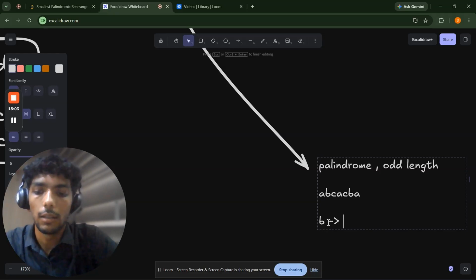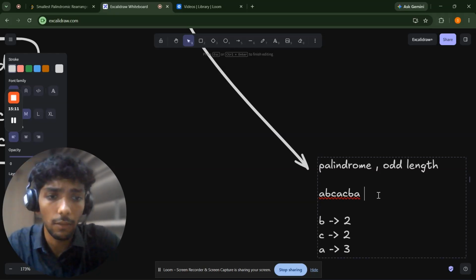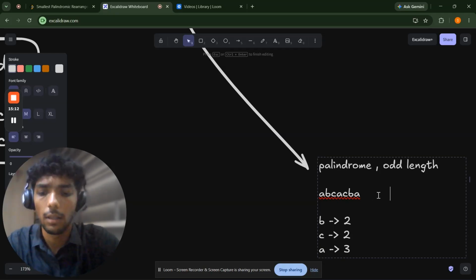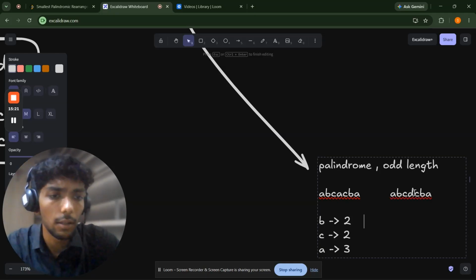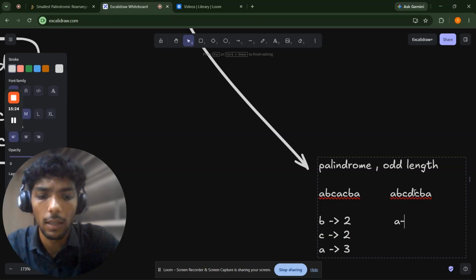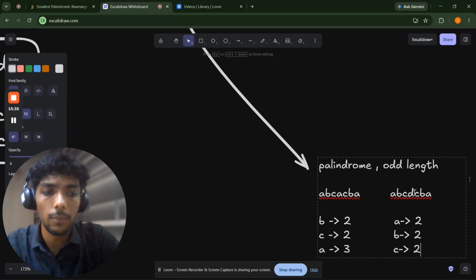B is 2 times, C is 2 times, A is 3 times. Let's take one more example: A B C D C B A. In that case, we have found that A is 2 times, B is 2 times, C is 2 times, and D is only 1 time.